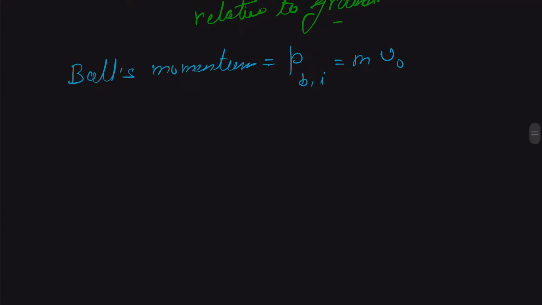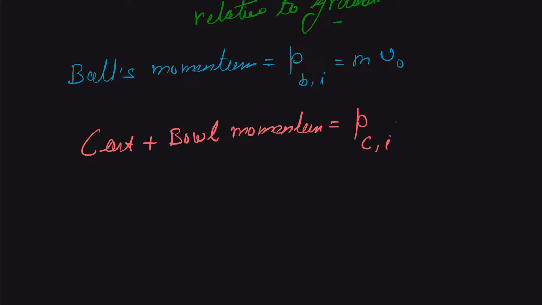And then we are going to find out the cart plus ball momentum, and let us call this PC initial, which will be equal to the mass of the cart multiplied by the velocity with which they are moving.